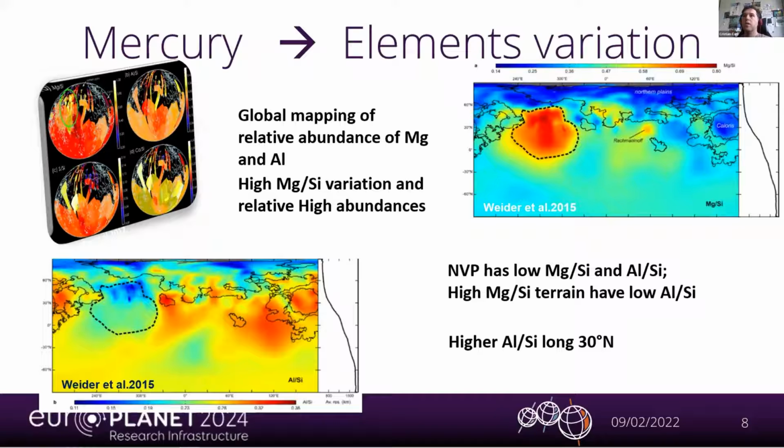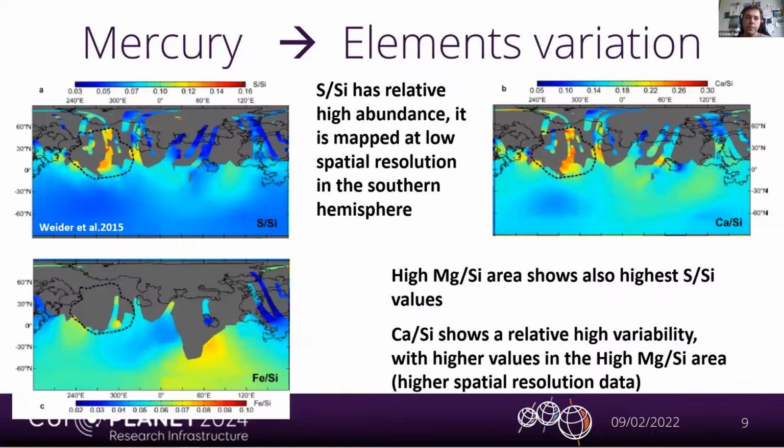We can even see for some other regions, like the regions east of Rachmaninoff, relatively lower values of magnesium, whereas we have some enrichment in aluminum. And so there is clear evidence of heterogeneity in the composition of the Mercury surface.